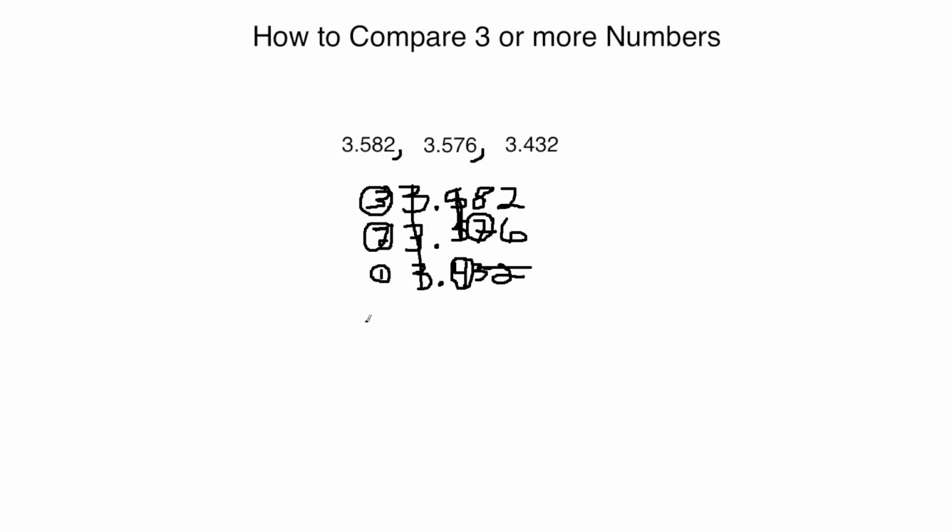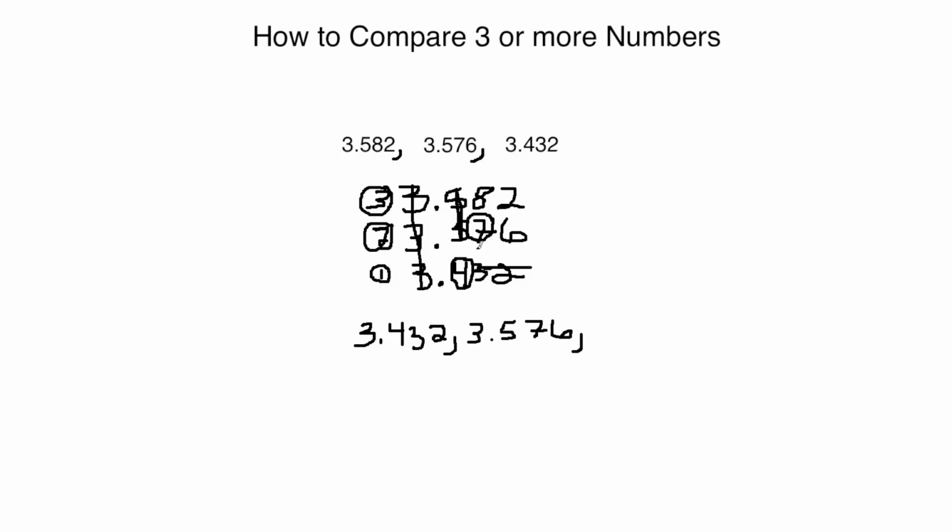Now, down here at the bottom, you have to rewrite it from left to right. 3 and 432 thousandths, comma, then the second one. 3 and 576 thousandths.